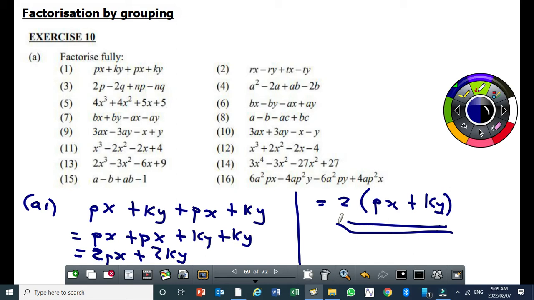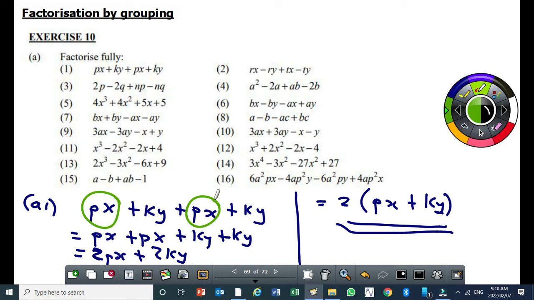So the first term and the third term, they are like terms because both of them have got a p and an x. And the exponent of p is a 1, the exponent of x is a 1. Since we have addition of terms, we just add the terms. That is, add the coefficients. Okay? Don't do anything to the exponents. Right? And let's move on to another one.